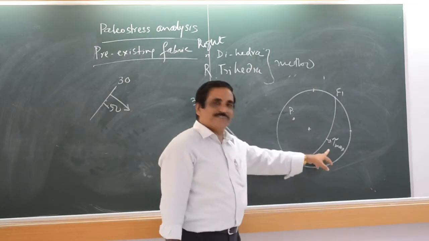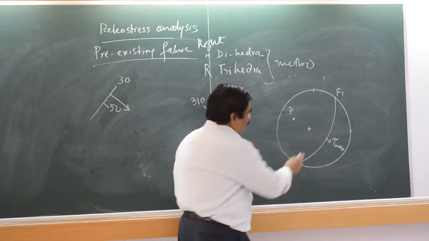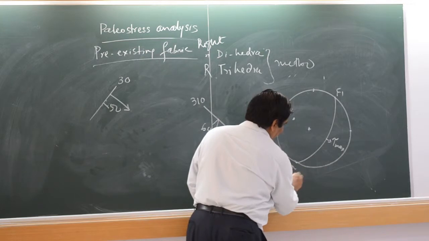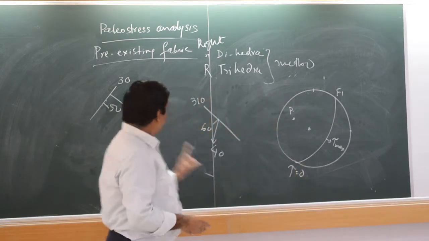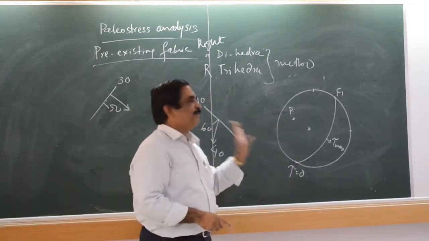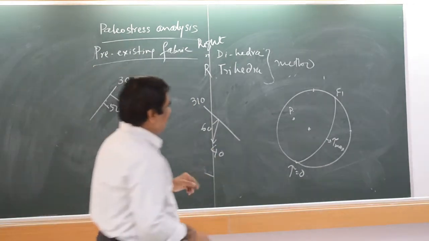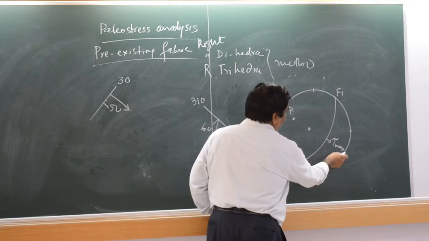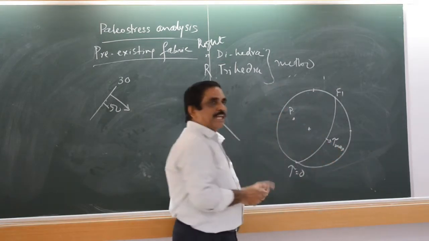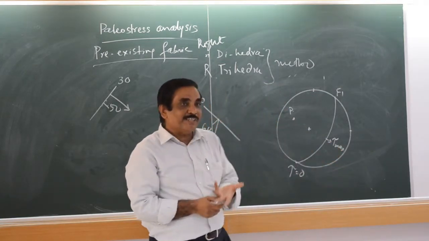So ये maximum resolved shear stress हो गया. Then you plot the P0. सब में ऐसे करना पड़ेगा. P0 प्लॉट कर रहा हूँ. समझा नहीं? Then earlier what you were doing, you were drawing this movement plane, na? Now movement plane you cannot draw. The movement plane has no use now.